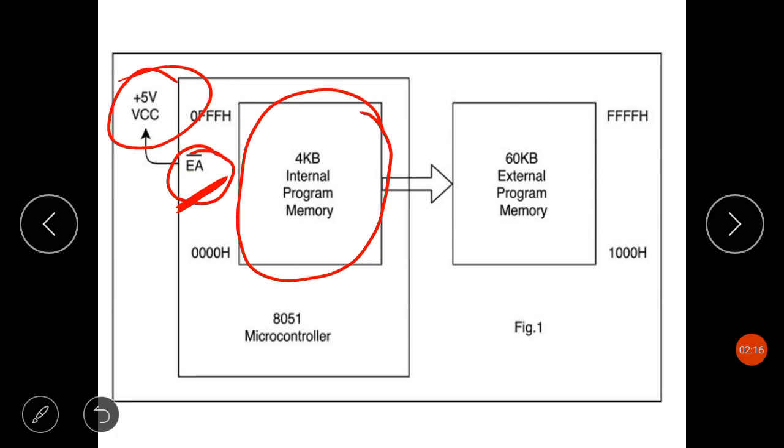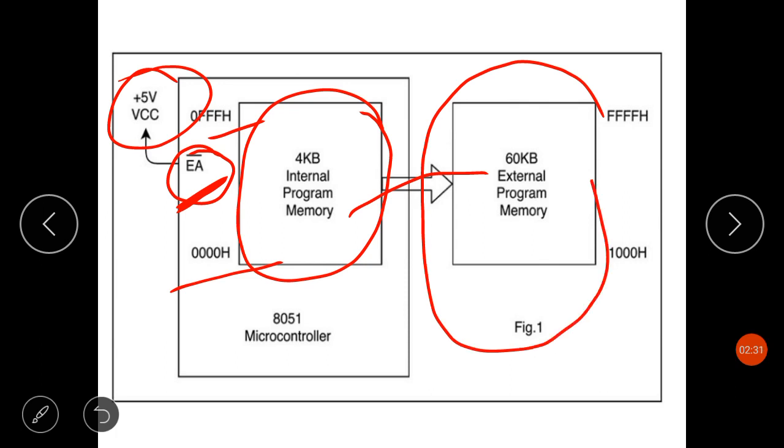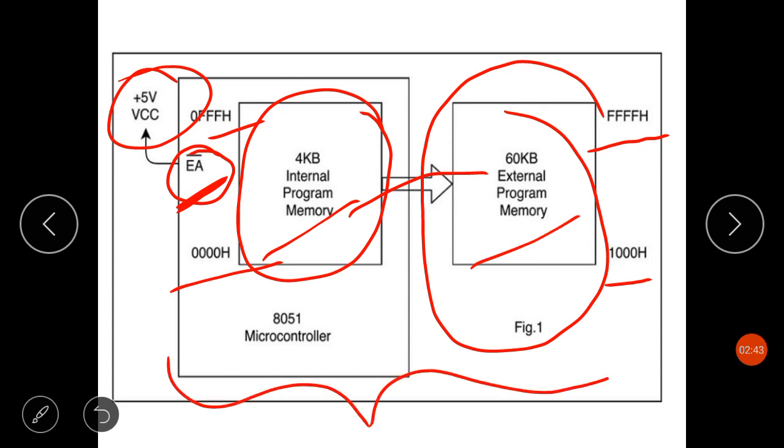It has the address range 0000H to 0FFFH, and if the memory address exceeds the limit, then the instructions are fetched from the external ROM in the address range 1000H to FFFFH. So this is 4 kilobytes, this is 60 kilobytes, and this is how it makes 64 kilobytes.